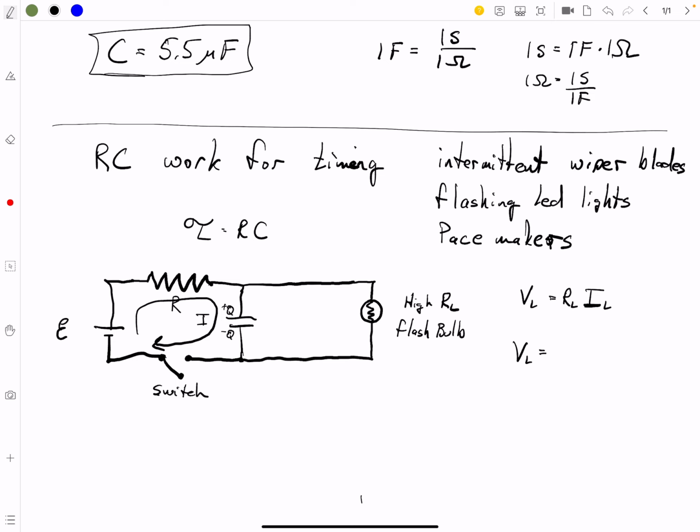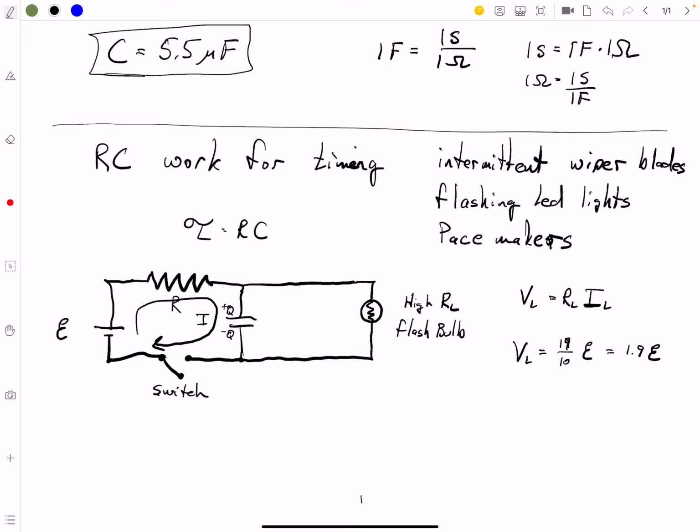Okay? So VL has to be 19/10 of our EMF that we are putting on it. That means it's almost 2 times. It's 1.9 EMF. So it's not quite 2 times, but it's definitely more than 1.